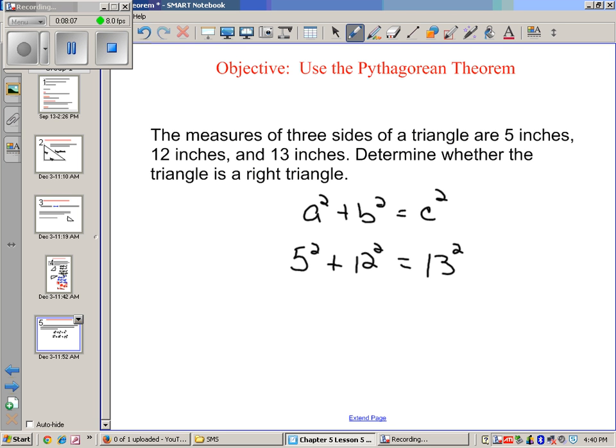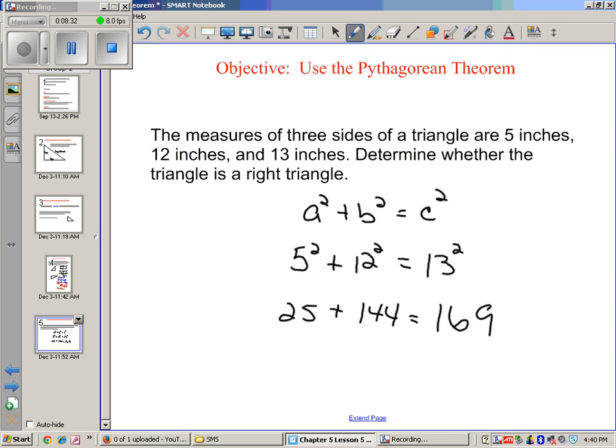Okay, in order to determine if it is a right triangle, it has to come out as an equal number here. So let's see if we got it. Do they equal each other in order to be a right triangle? 5 times 5 is 25, plus 12 times 12 is 144, equals 13 times 13, which is 169.